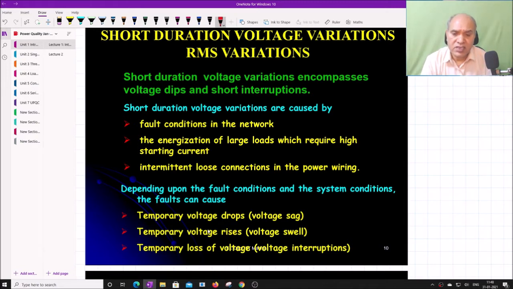These conditions create short-term variations in the voltage, causing a temporary voltage drop known as voltage sag, a temporary voltage rise known as voltage swell, and a temporary loss of the voltage known as voltage interruption.